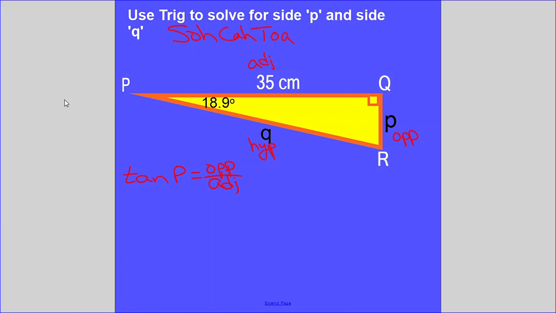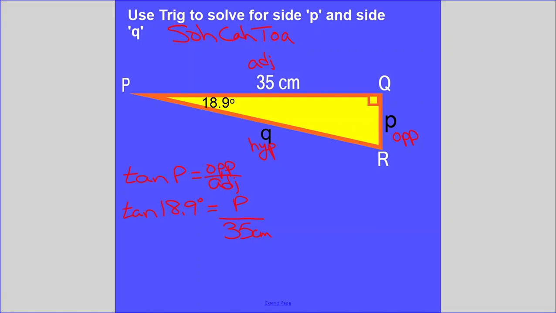Now in this case, we actually know what angle P is, so I'm going to write that in. Tan of 18.9 degrees is equal to, now the opposite is P, and the adjacent we know is 35, specifically 35 centimeters. Now, in order to solve for P here, we have to do a little bit of rearranging, and it's not very much.